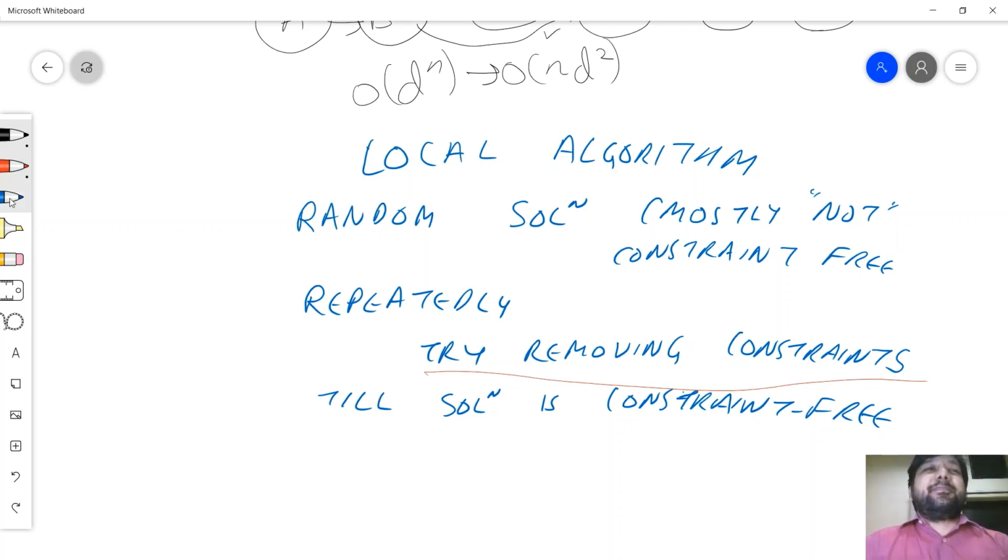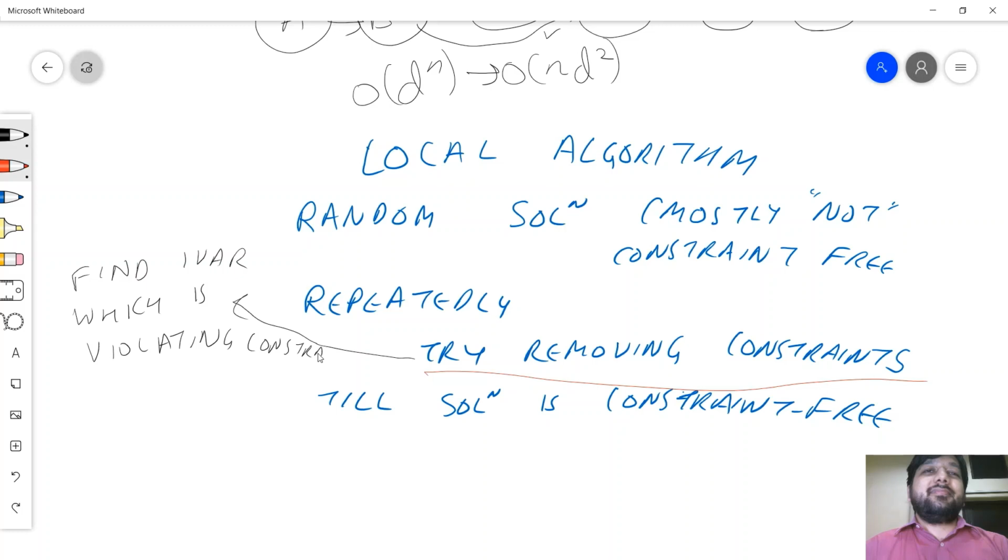So this thing over here is basically nothing but: find one variable which is violating a constraint, that's what the committee does, and give it a better new value.